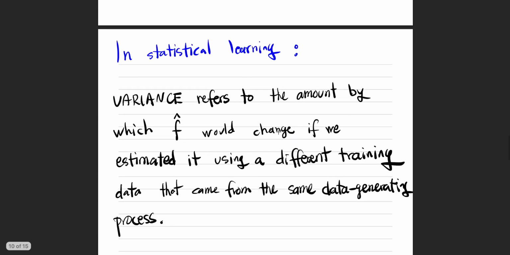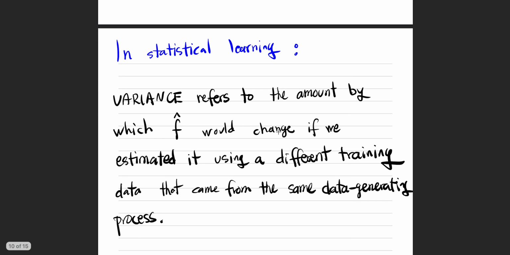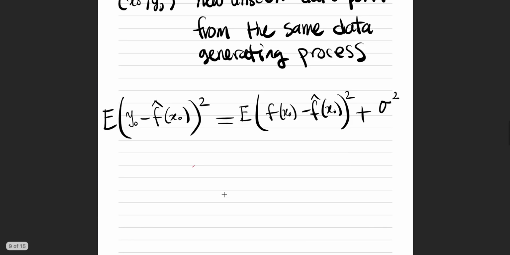Well, in statistical learning, when we refer to variance, we mean the amount by which f hat would change if we estimated it using different training data that comes from the same data generating process. Okay, let's pause here.